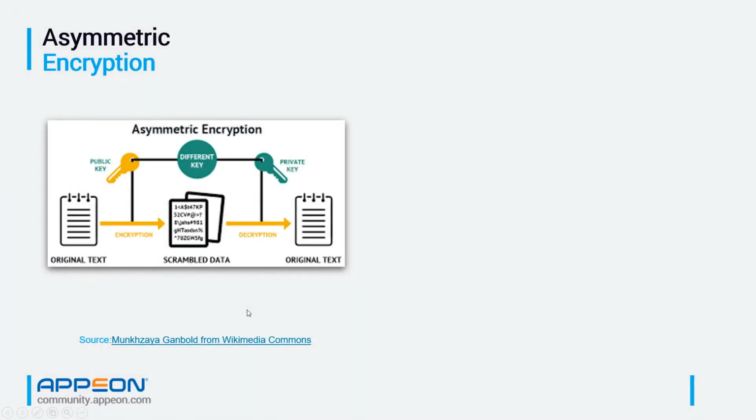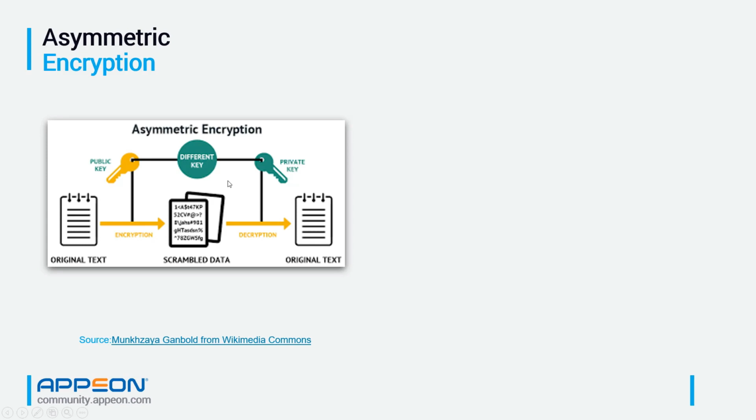So let's look at the alternative to symmetric encryption, and that's asymmetric encryption. Now with symmetric encryption, the key, you could just generate some random text and use that as the key and then transmit it to the person who's going to decrypt the data, and then they would use that key. The key that you use for asymmetric encryption is a little more complicated.